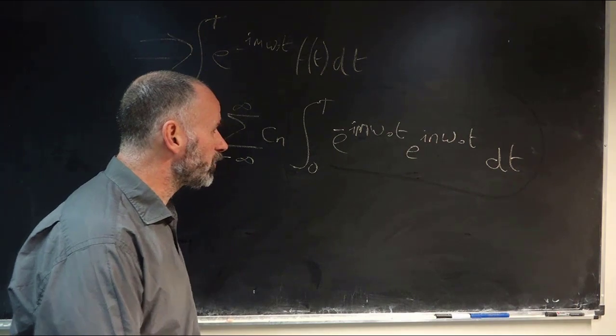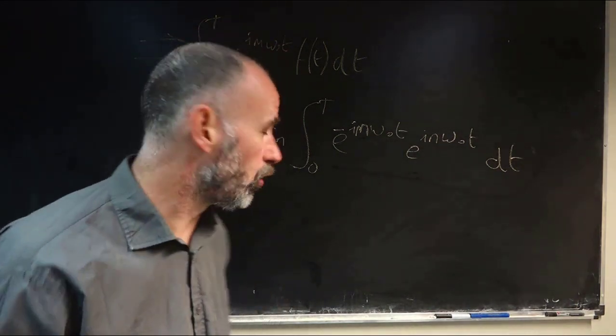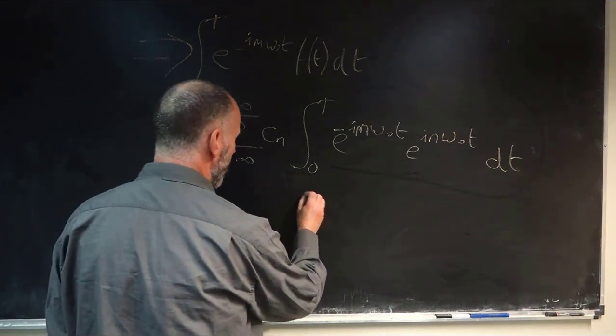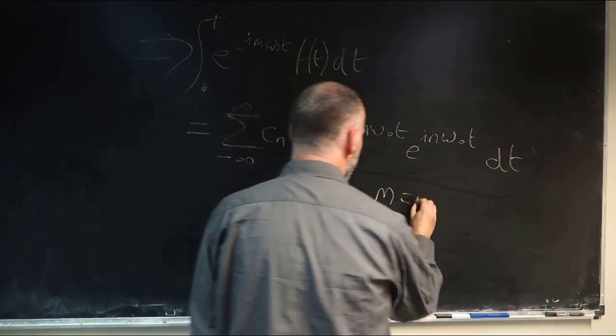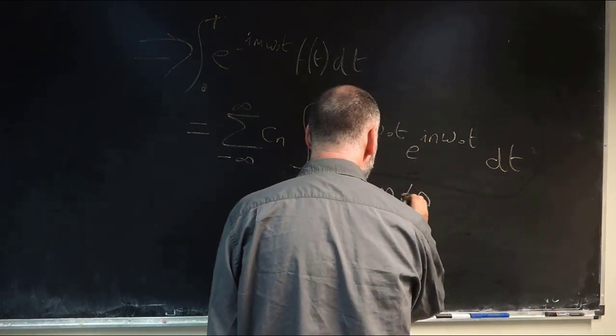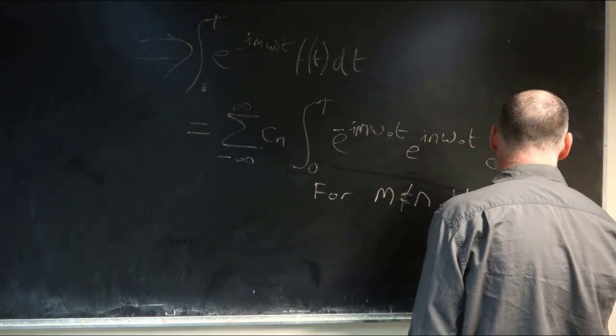And when m is equal to n, we can work out what the value of that constant is going to be. So let me write that down. For m not equal to n, this integral vanishes.